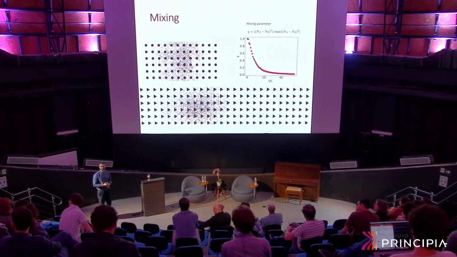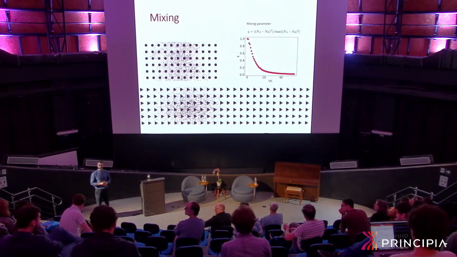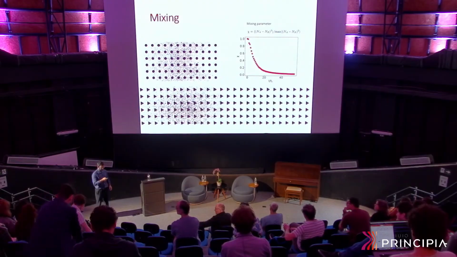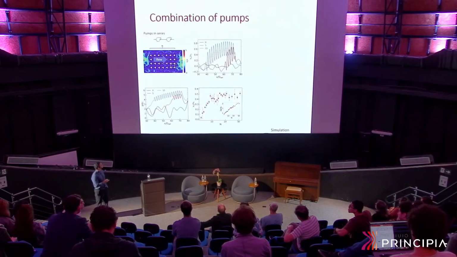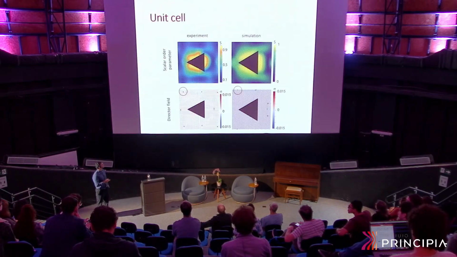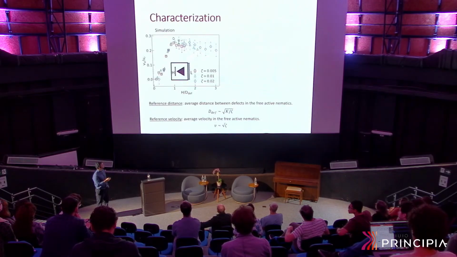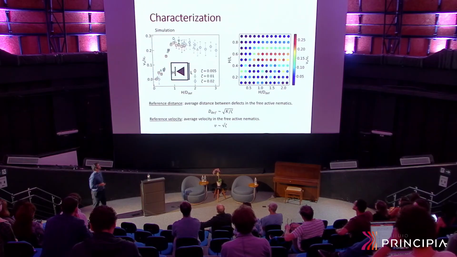Thank you for your nice talk. You showed that there is an optimal size for these triangle obstacles. I was wondering if you checked whether the simulation box has any effect on this optimal size? Yes, good question.